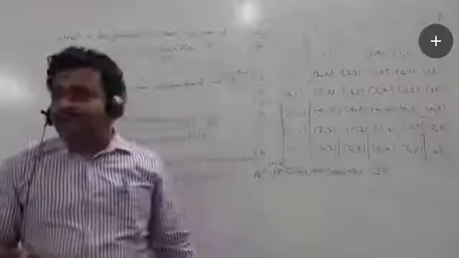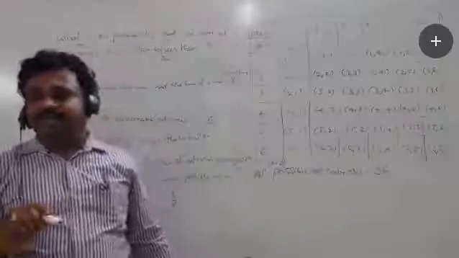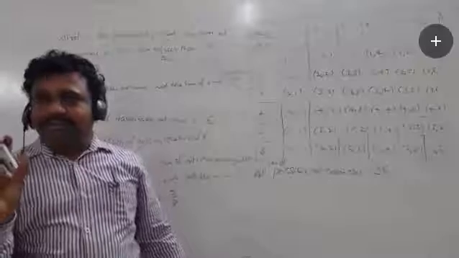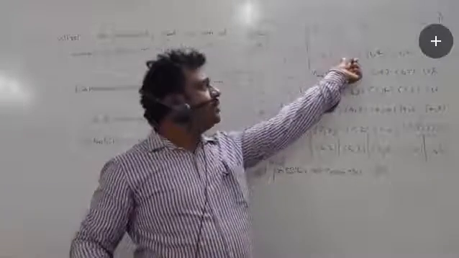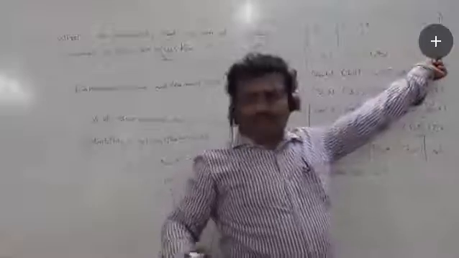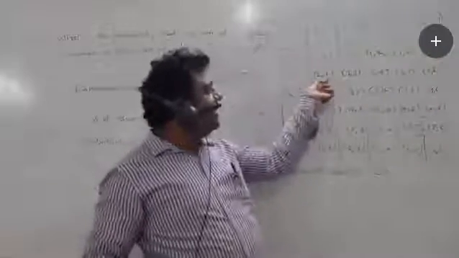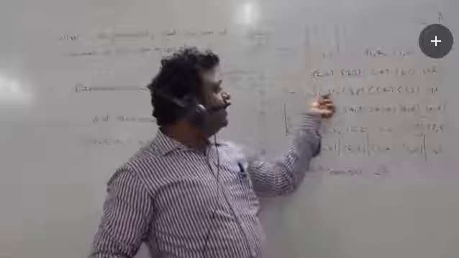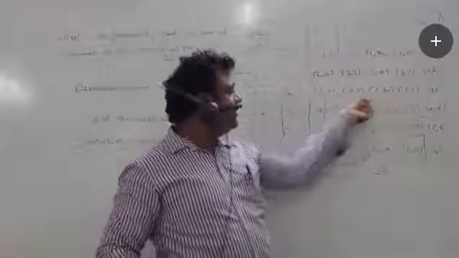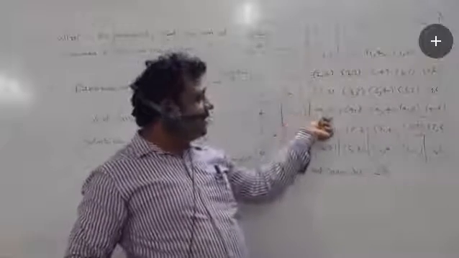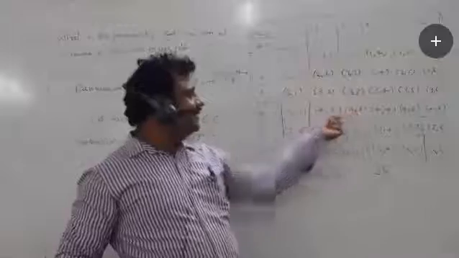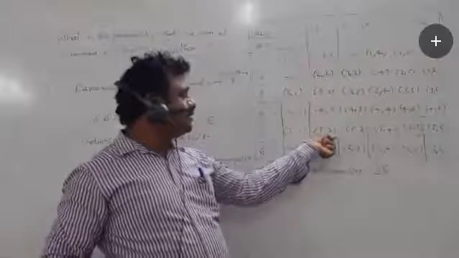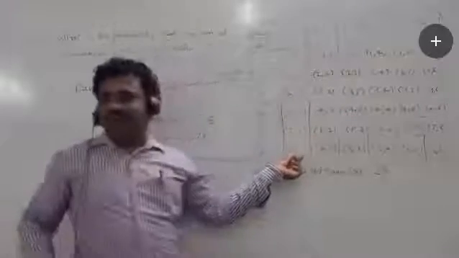First of all, identify the outcomes where the sum of the digits is less than 8. 1, 2, 3, 4, 5, 6, 7, 8, 9, 10, 11, 12, 13, 14, 15, 16, 17, 18, 19, 20, 21.